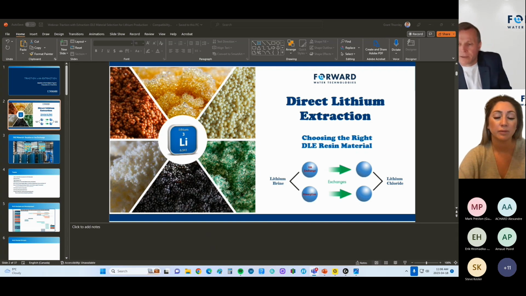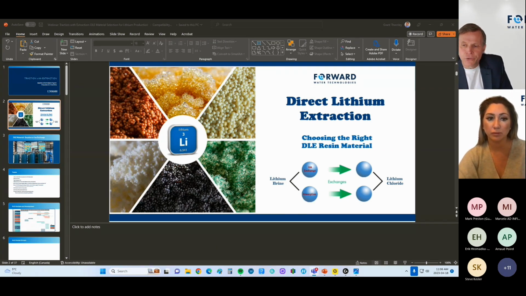One thing that I found helps speed up the development of the DLE is that once you have selected your DLE provider, and they have developed the standard operating practices, the SOP, what we've been doing is partnering with the client, the DLE provider, and ourselves.